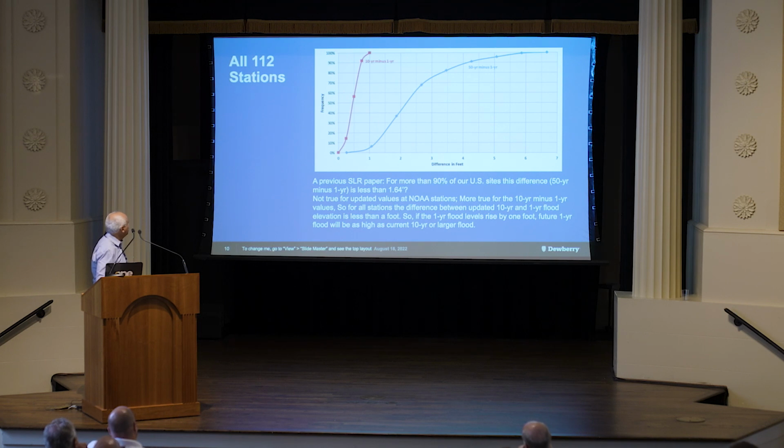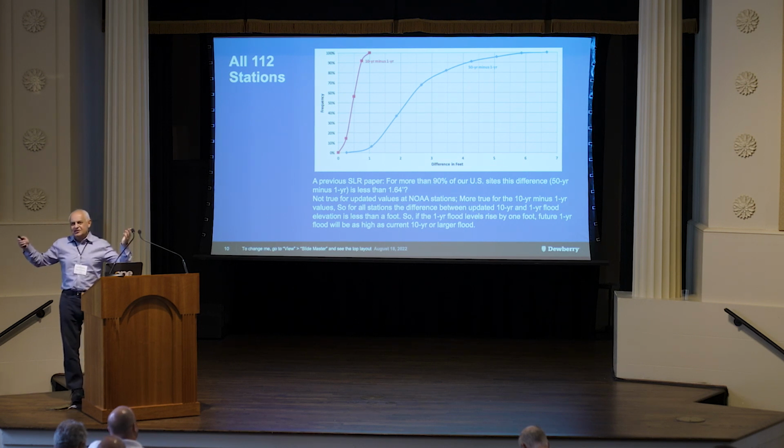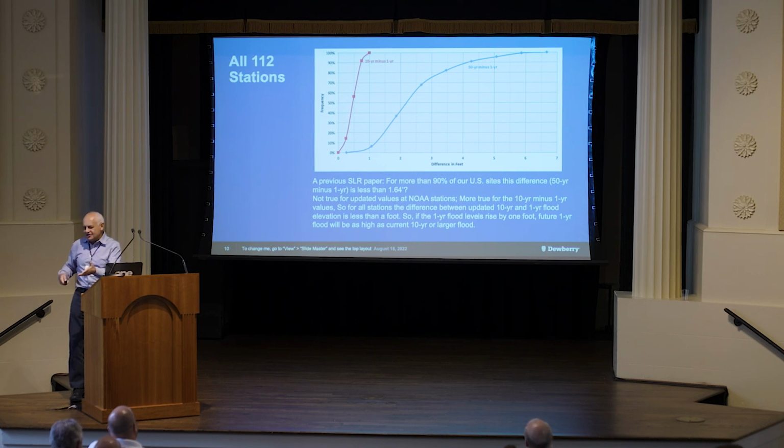Okay, so we had 112 station results. On this graph, the blue curve shows the frequency distribution of the result for the difference between 50 minus 1 year. Remember that's the difference that I told you that the previous study showed a very wide range and made a scary prediction that the future 1 year would be as big as today's 50-year coastal flood elevation.